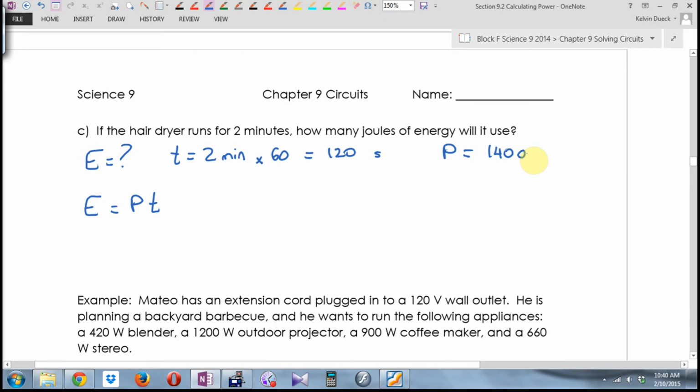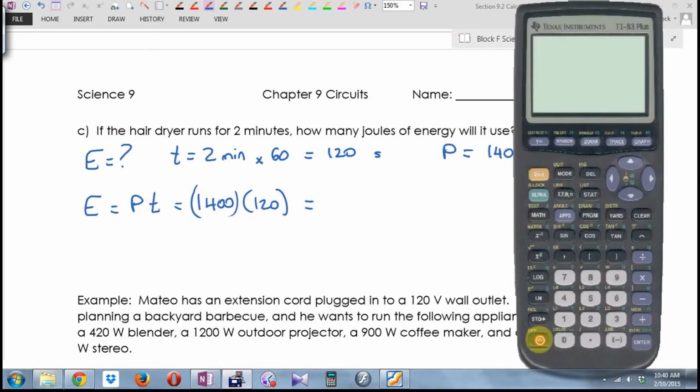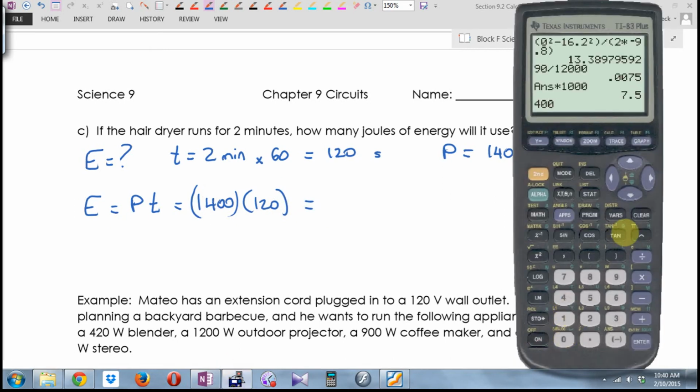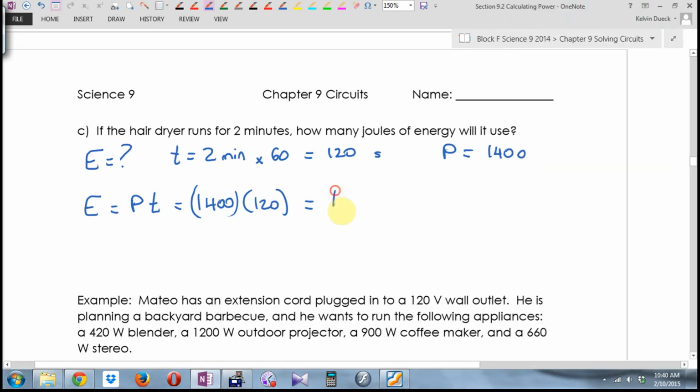Okay. So how many joules of energy, if you run this hair dryer for 2 minutes? It's going to be 1400 times 120. It's going to be a big number. 168,000 joules.